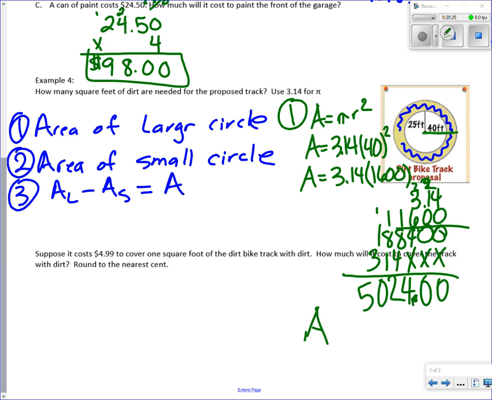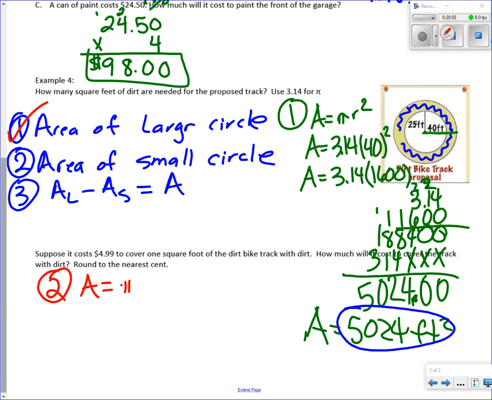So area equals 5,024 square feet. Okay, so that's the area for our large circle. Another strategy I use is I usually circle the numbers I'm going to have to use later, just so I don't have to hunt so much when I get to that last step and I'm adding and subtracting. Okay, so that is step one. Step two, area of the small circle.